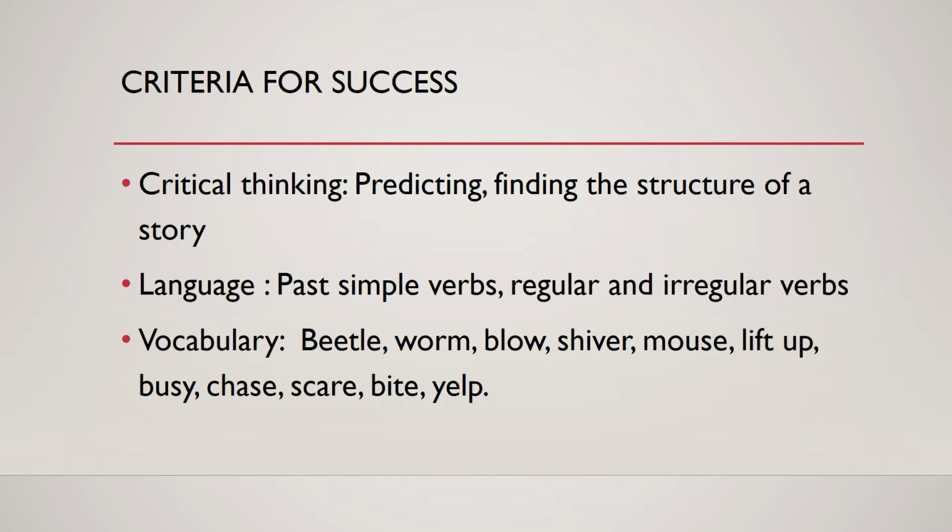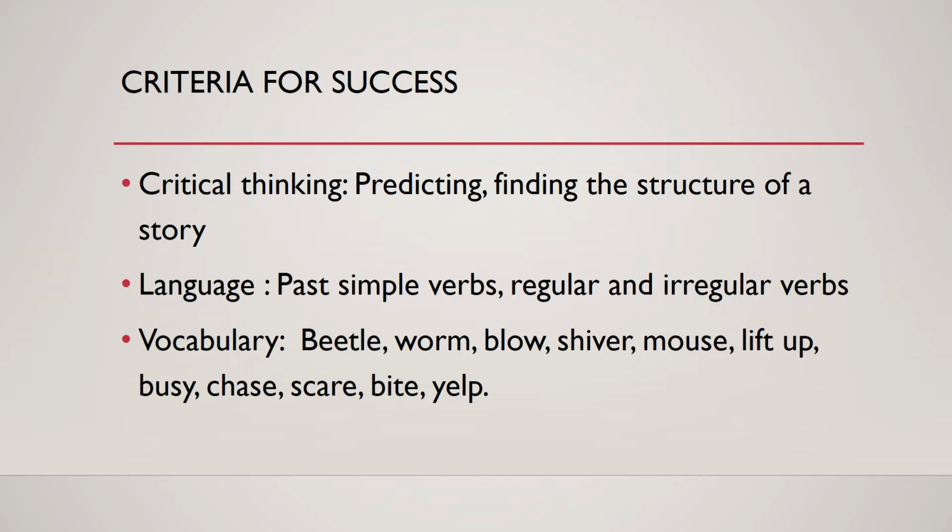Criteria for success in this lesson will be for critical thinking. Learners will be able to predict and find the structure of a story. In language, learners will be able to identify past simple verbs, regular and irregular verbs.